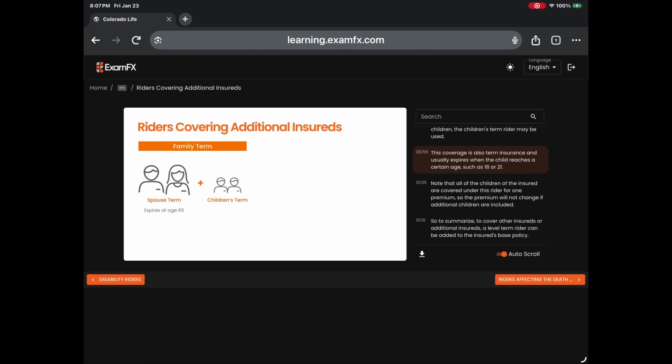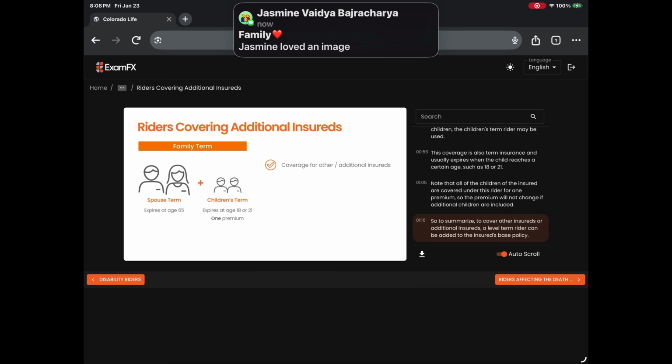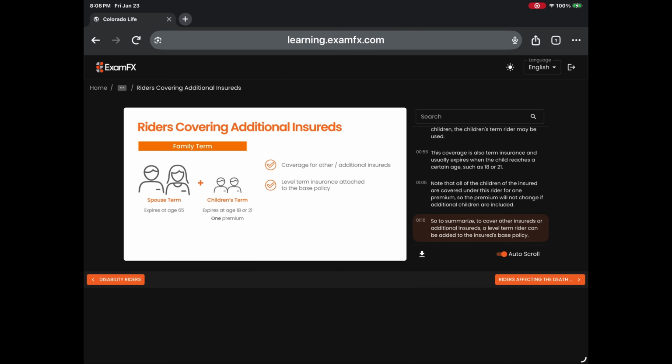This coverage is also term insurance and usually expires when the child reaches a certain age, such as 18 or 21. Note that all of the children of the insured are covered under this rider for one premium, so the premium will not change if additional children are included. So to summarize, to cover other insureds or additional insureds, a level term rider can be added to the insured's base policy.